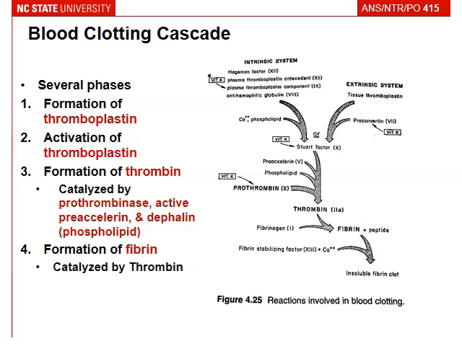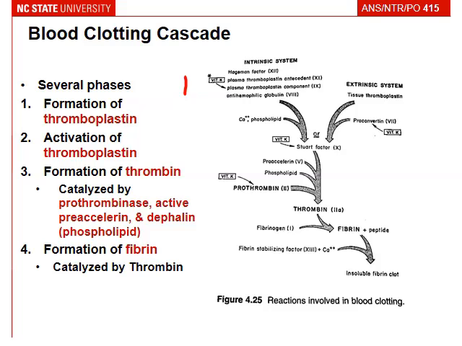So we have several phases. The first of them is the formation of thromboplastin. So this is this component right up here. And this is a very in-depth cascade that we are not going to discuss.